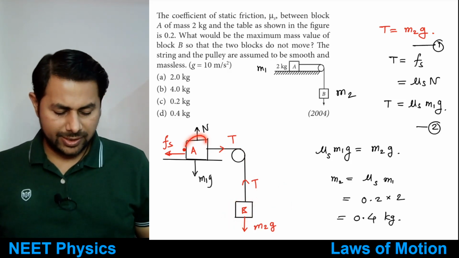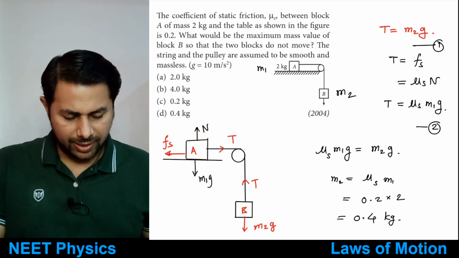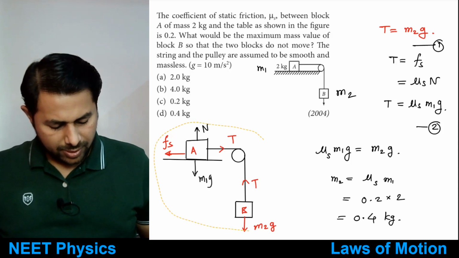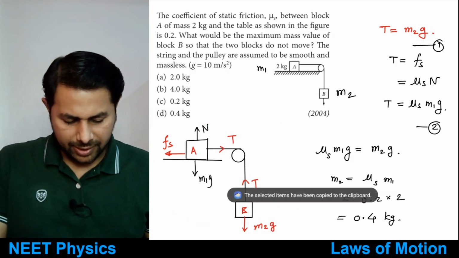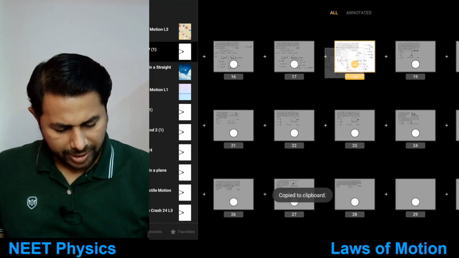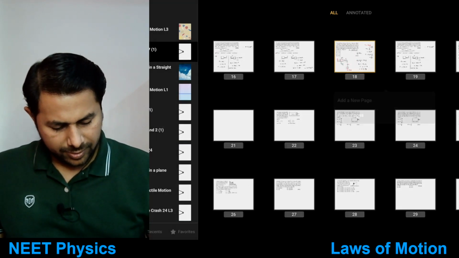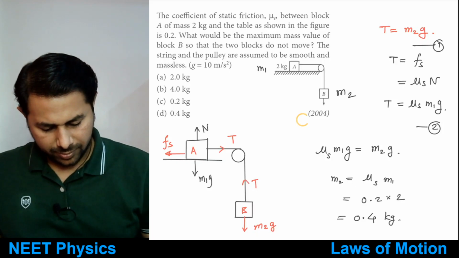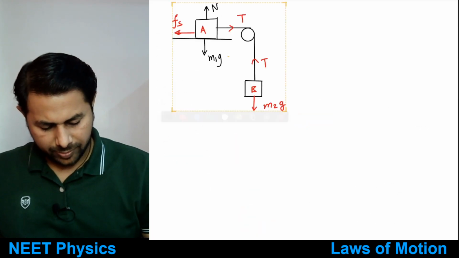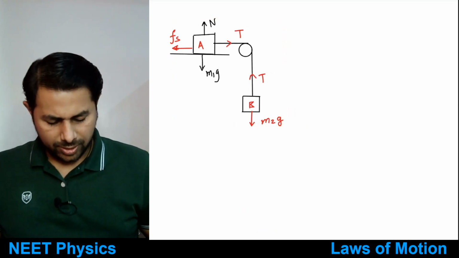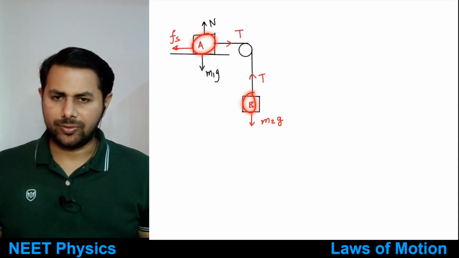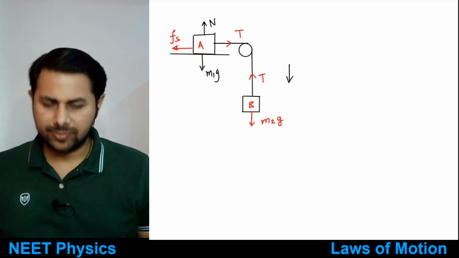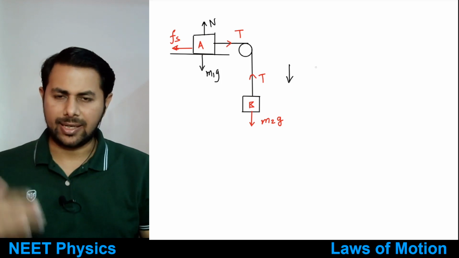For this kind of system, you can directly write down a formula. So let me explain. We have this system. What's the collective mass? It's m1 plus m2, right? Let's assume that the system is accelerating like this.